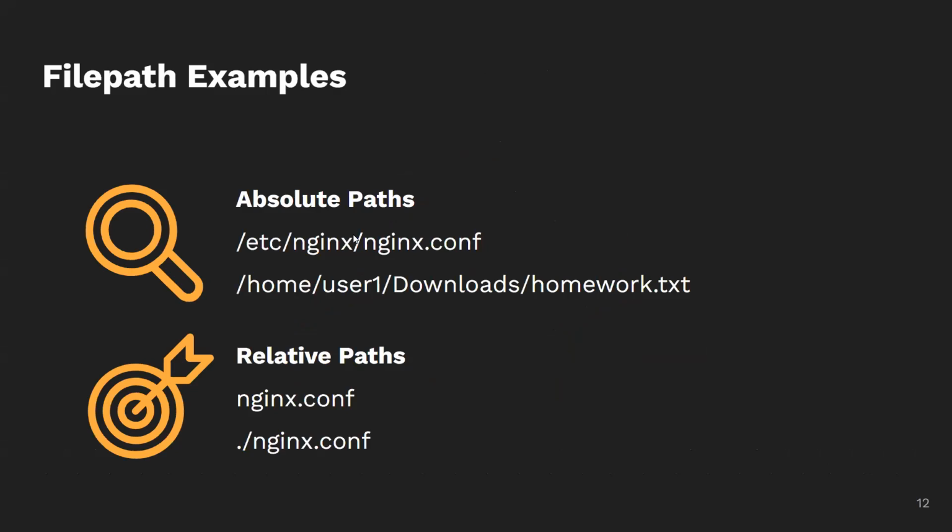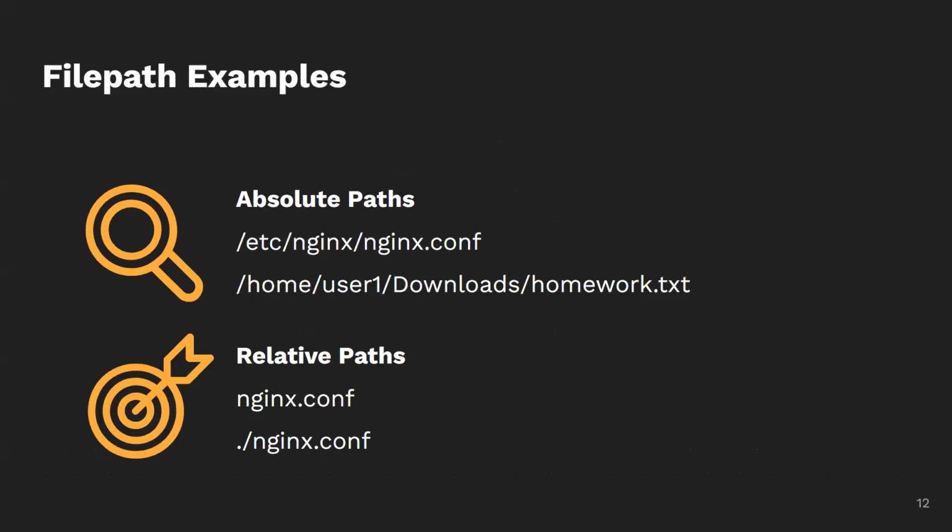There are two kinds of file paths, absolute and relative. The first is the absolute file path. And you'll see here with these two examples that they always start with the root directory, or that leading slash. The reason why they're called absolute file paths is because of this fact that they always start at the root directory.